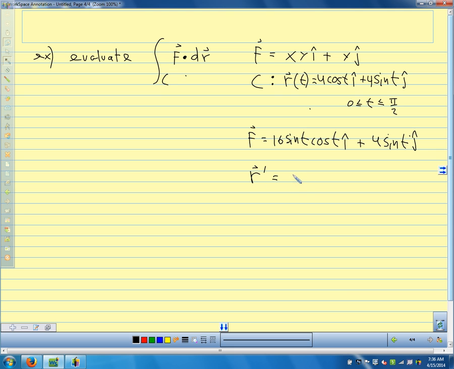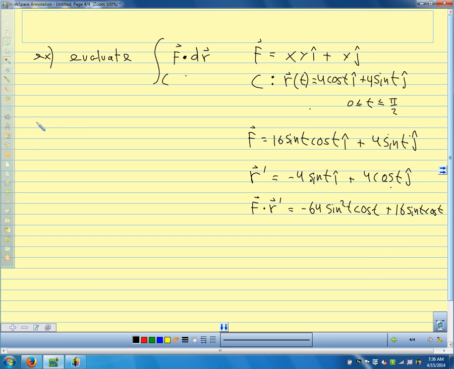R prime is going to be minus 4 sine t i hat plus 4 cosine t j hat. And then our integrand is going to be f dot r prime. So f dot r prime, we get minus 64 sine squared t cosine t plus 16 sine t cosine t.